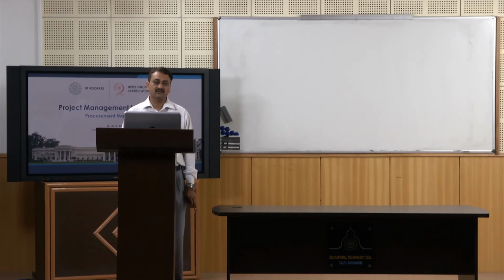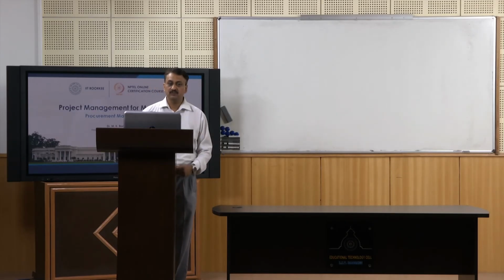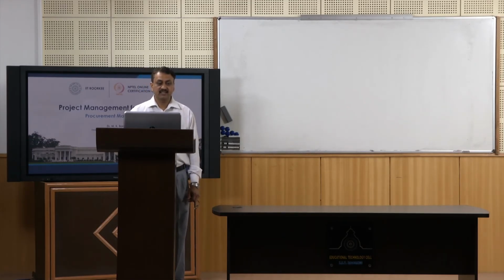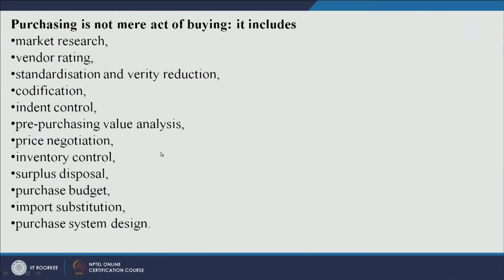It's your organization whose reputation is at stake. So, you need to ensure that you are properly taking care of your vendors. Then standardization and variety reduction, codification, indent coding, and there are several other functions of the purchasing department.